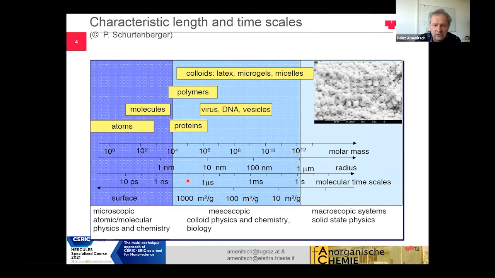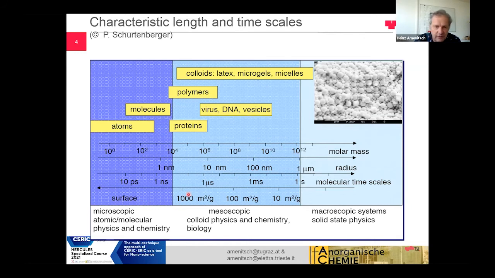What is also important is that the surfaces can be measured, and I will give you later the method for how you can measure this. You can measure directly in a small angle X-ray scattering experiment the inner surface of structures.